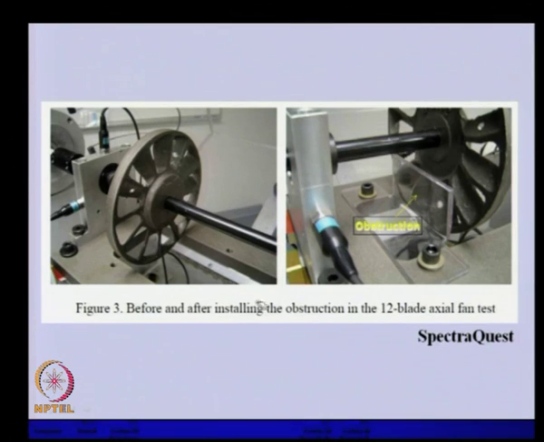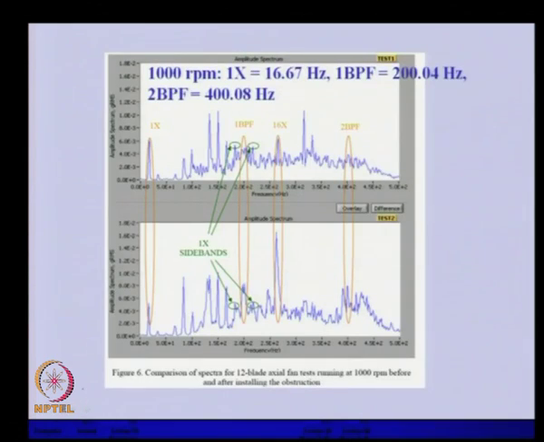So, before and after installation, the observation in the 12 blade axial fan. There is a 12 blade axial fan, and this is taken from the SpectraQuest lecture notes. This is the obstruction which was put here, so that we can get some kind of disturbance, and this is a typical signal.